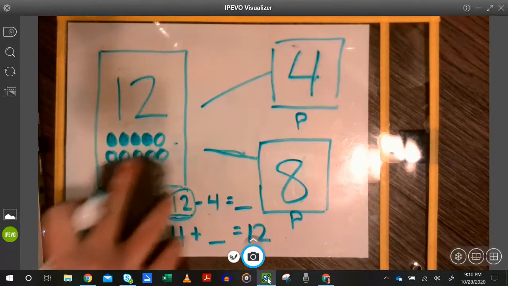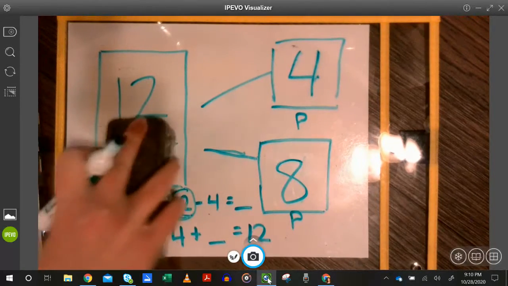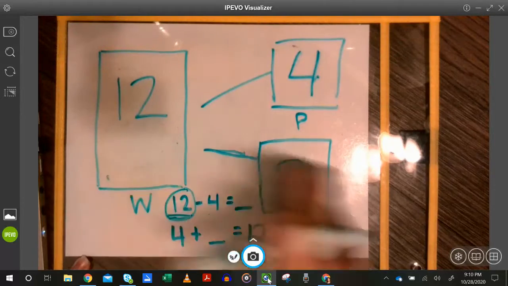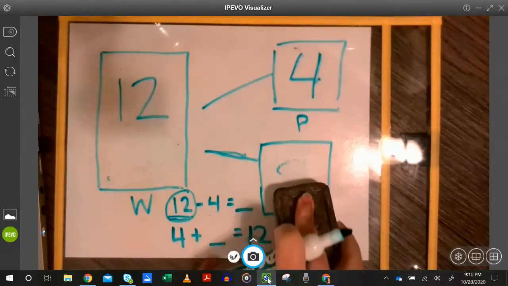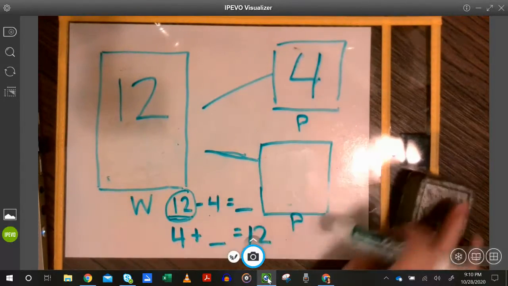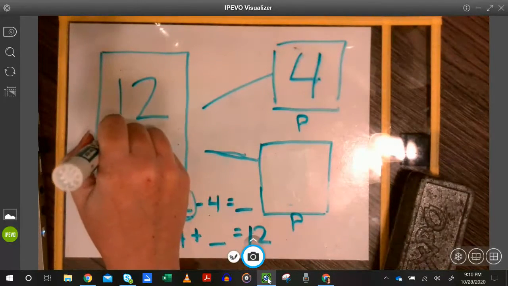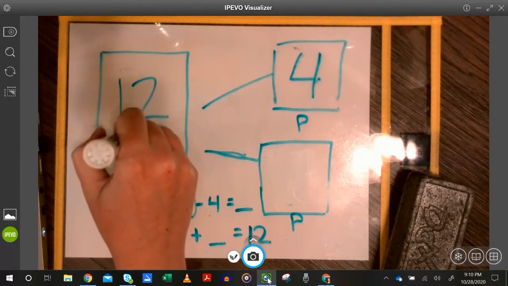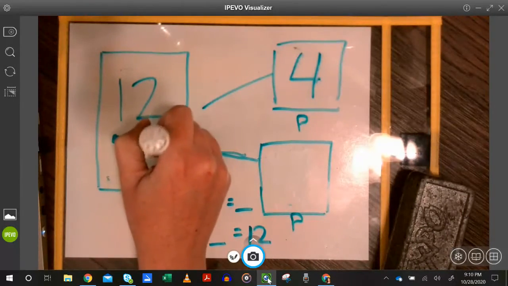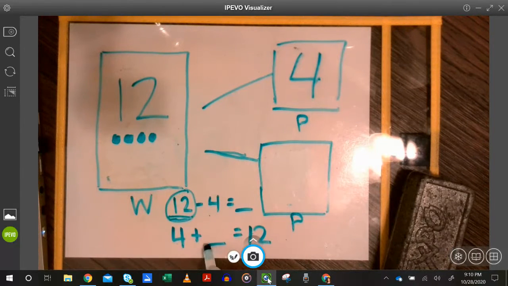But I could have found the same result by saying I have 4. 1, 2, 3, 4. And I need to add something to it to make it 12.